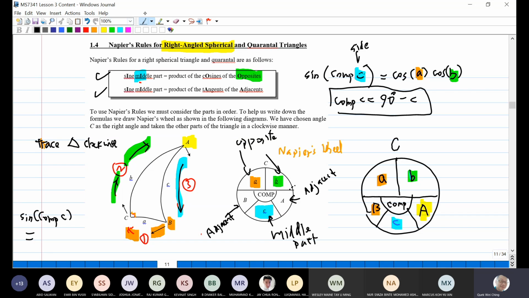So let me put in color here. Adjacent, tangent. So you get tangent here.